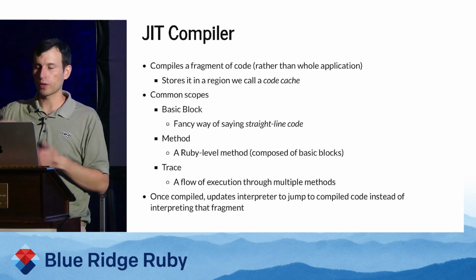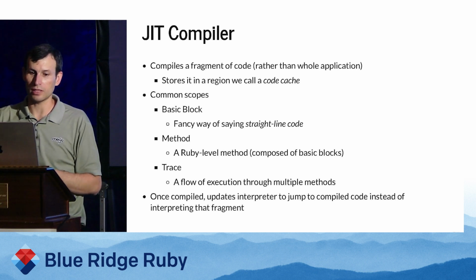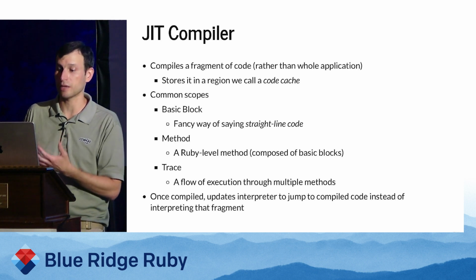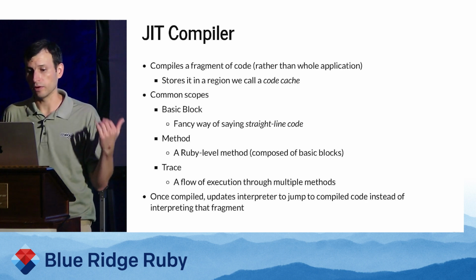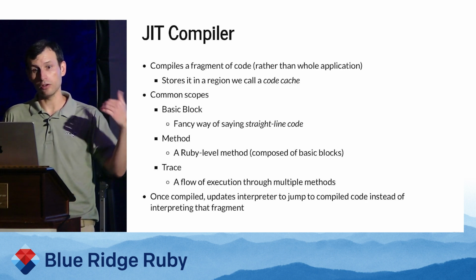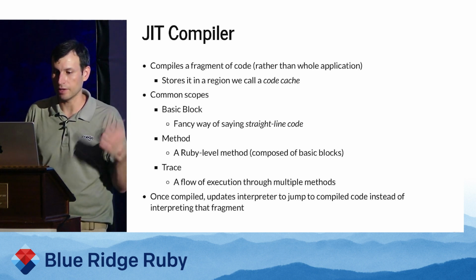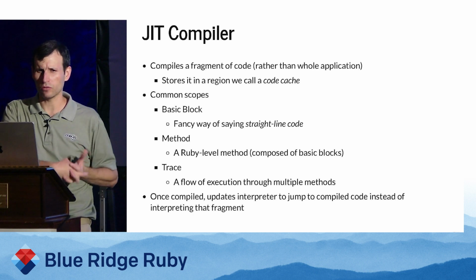A bit more frequently used, and what TruffleRuby uses, and JRuby does as well, is a method level compilation scope. So this will compile an entire Ruby method. And then you might see something called a trace compiler, where this actually measures the way your code flows through multiple functions and compiles just the parts you need there. To the best of my knowledge, there aren't any tracing JIT compilers in use in Ruby right now.